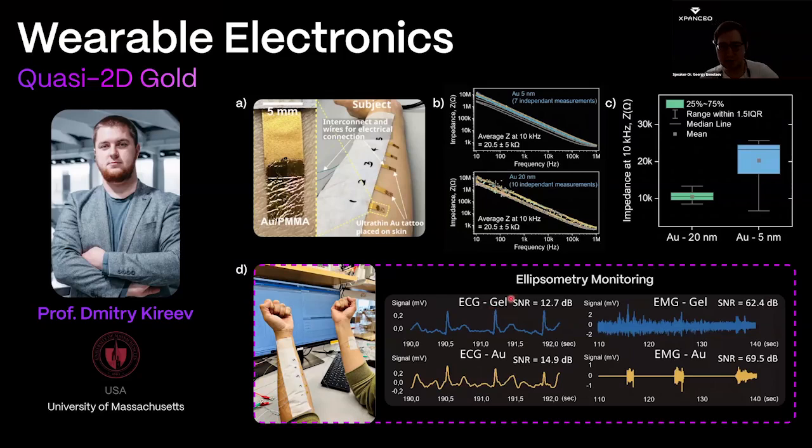But instead of the gels, we can use a gold tattoo covering your hands, and then record the electrocardiogram, and also we tried electromyograms to measure your muscle activity, and you can see that indeed your signal becomes more clear. So the signal-to-noise ratio increases for gold tattoos compared to the standard gel electrodes, and similar properties were observed for electromyograms.